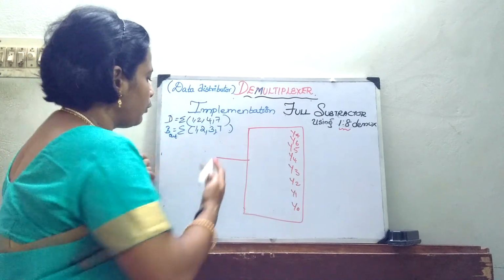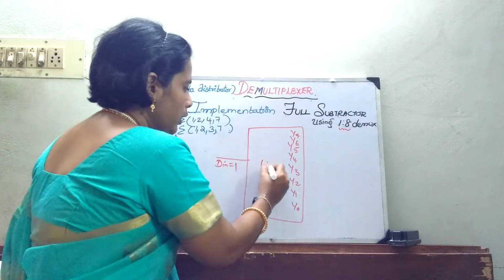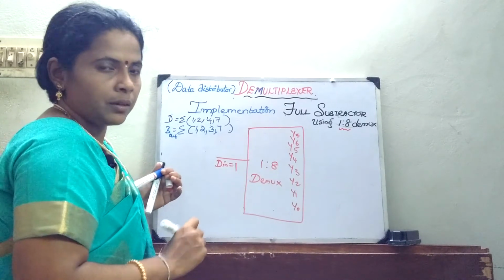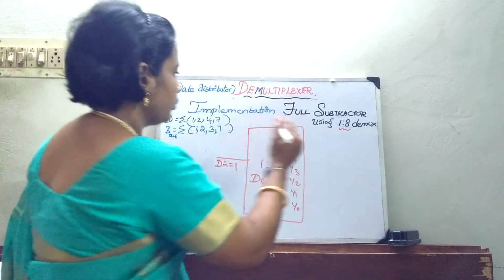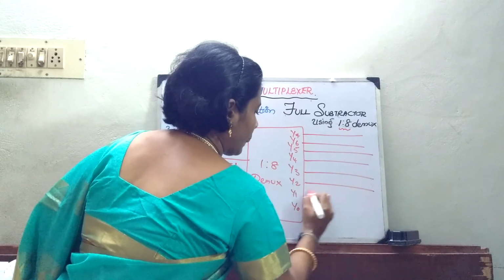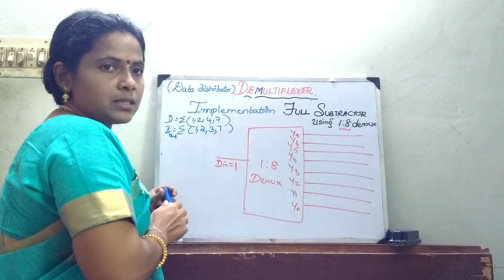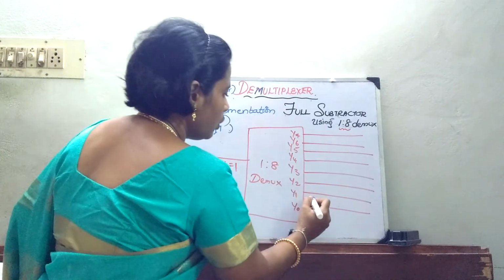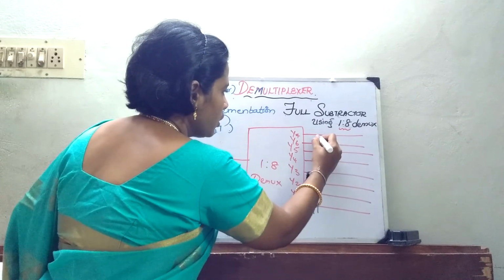You have only one input. It is a 1:8 demux. How many outputs are you going to have? 8 outputs. So for difference it is 1, 2, 4, 7.